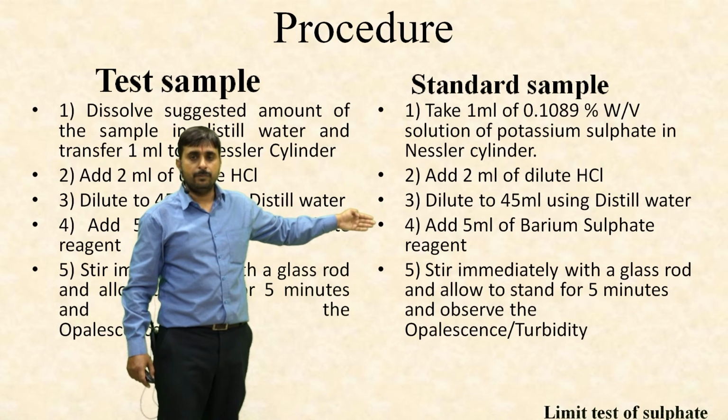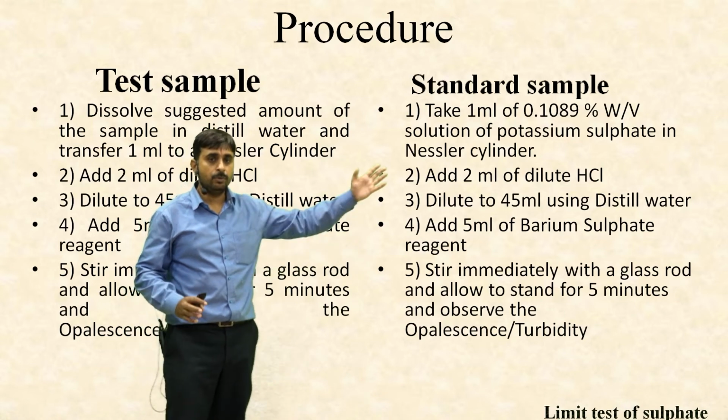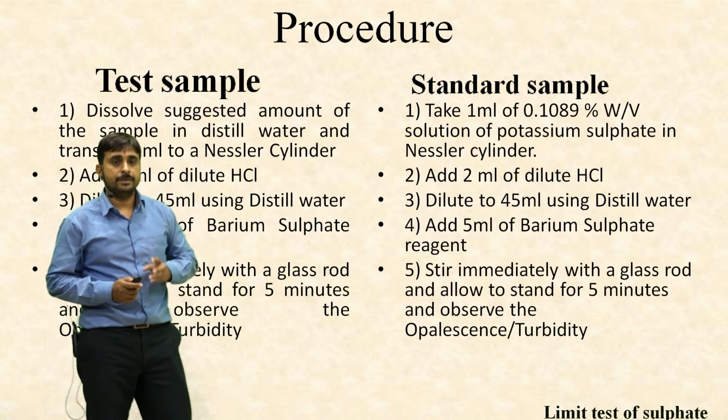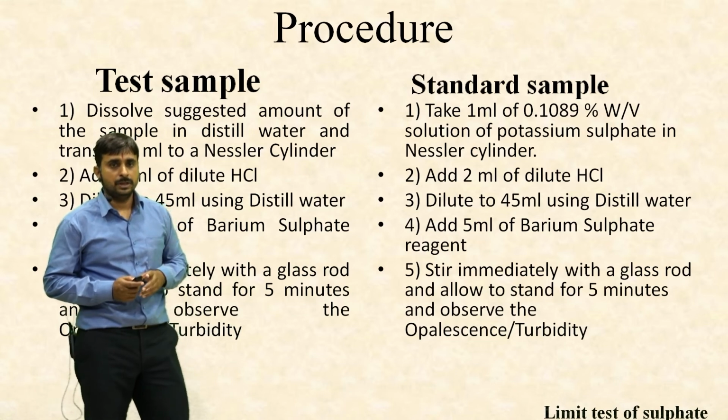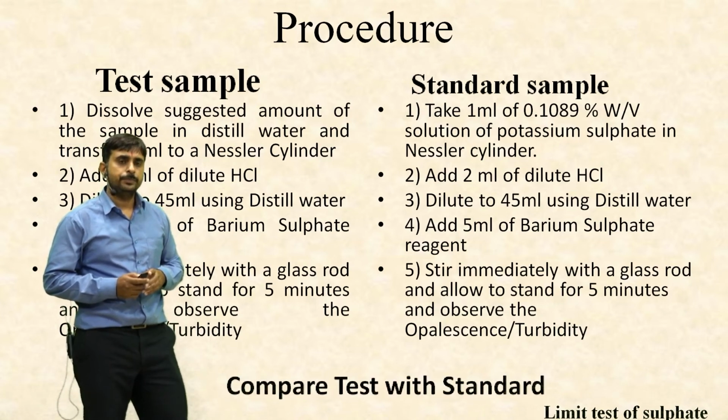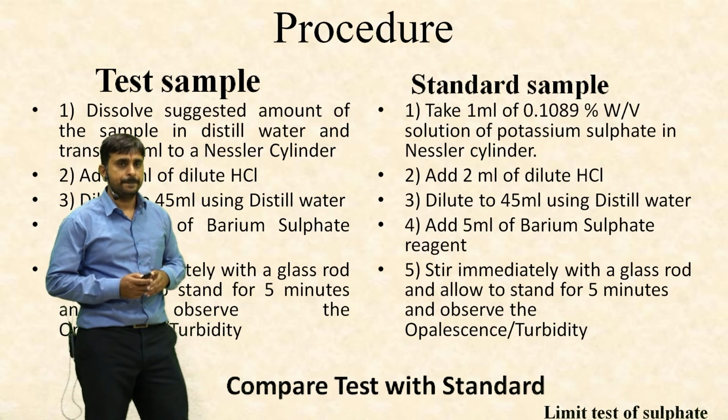We add 5 ml of barium sulfate reagent, and finally stir the solution and wait for 5 minutes. We have both solutions here, the test sample solution and the standard sample solution, and we will compare the turbidity or opalescence of both samples and come to the inference.